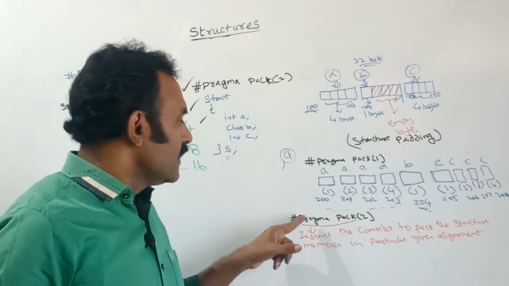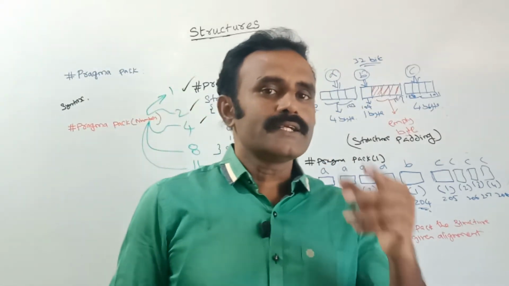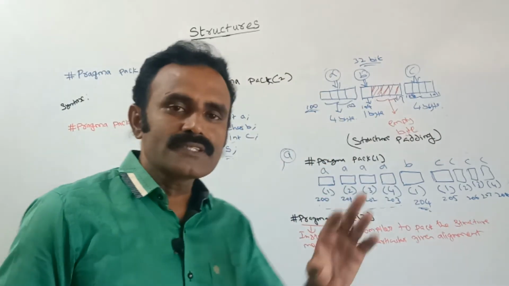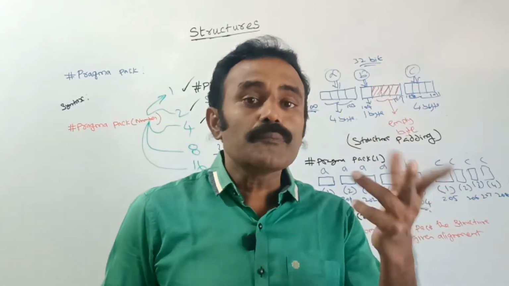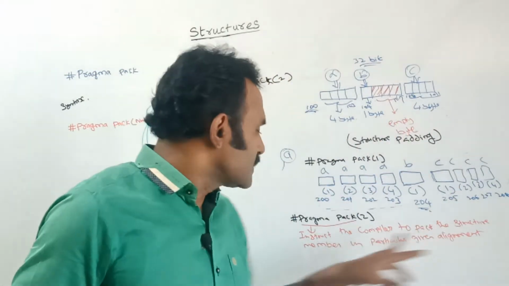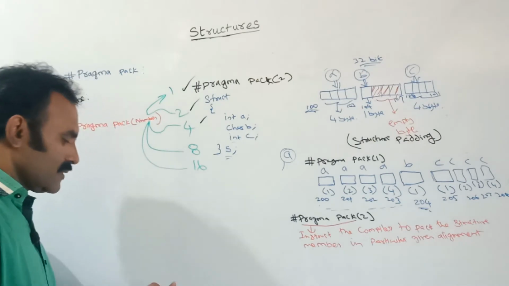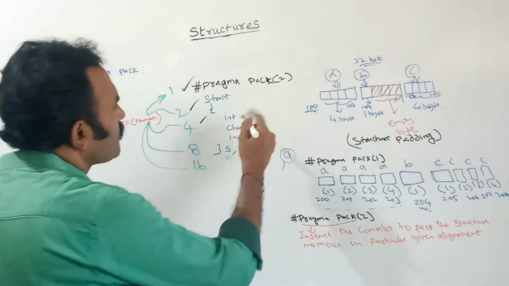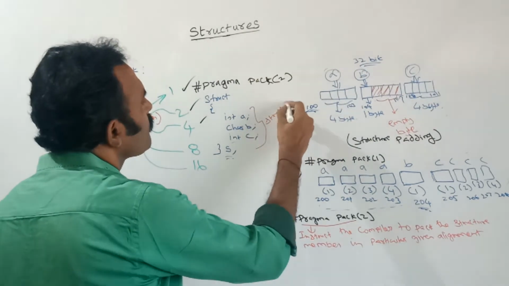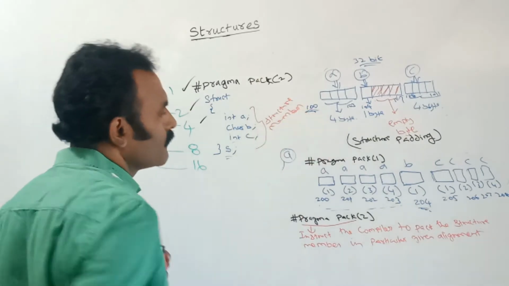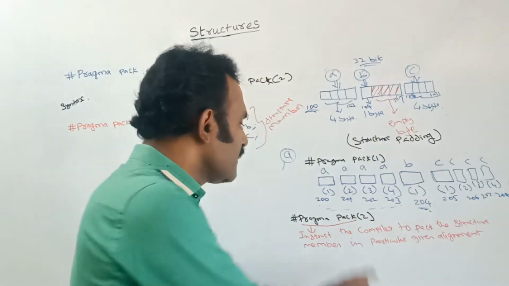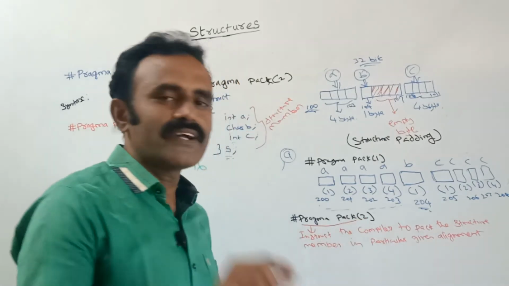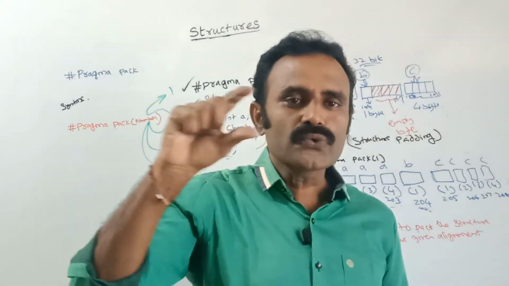So during the compilation time, this preprocessor directive pragma pack will tell the compiler to pack the structure members in a particular given alignment. See, what is the given alignment? 2. So for each and every cycle it will read 2 bytes.